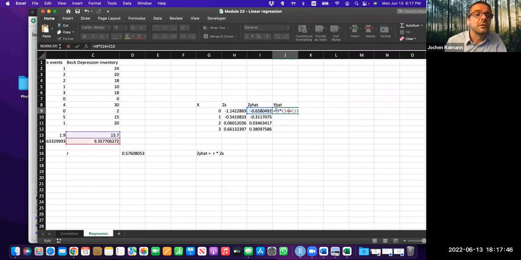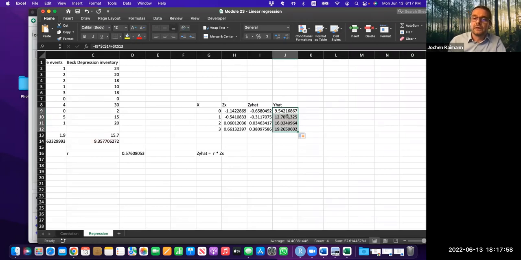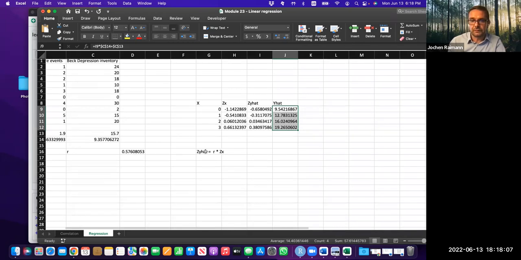This time I did it before. We have C14, C13. And now for each individual entry, we're calculating our back depression score. So this is a quick and dirty back of the envelope calculation of a linear regression.